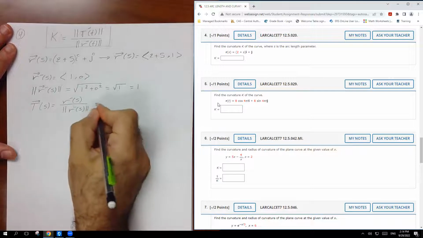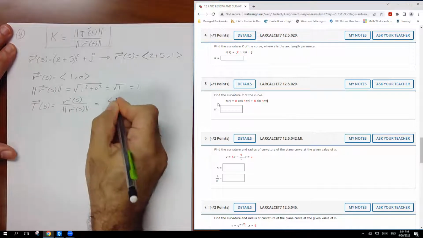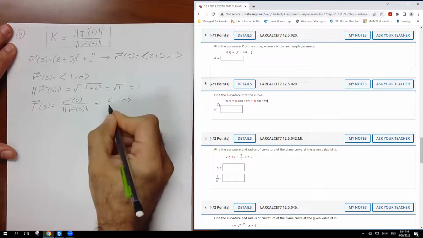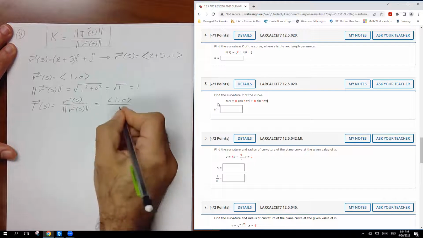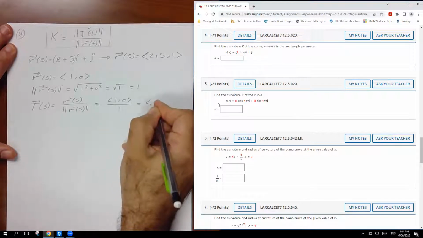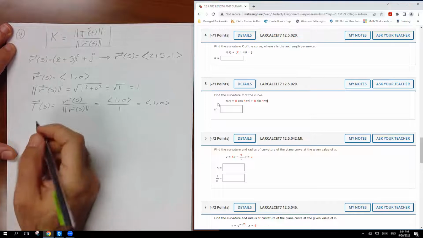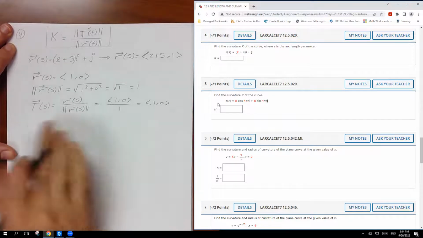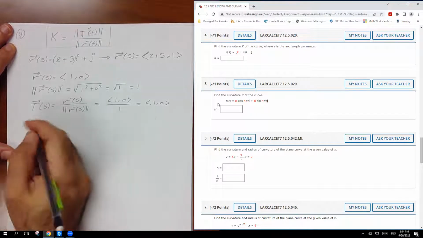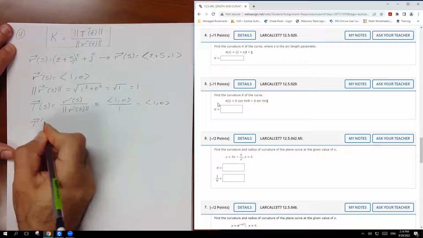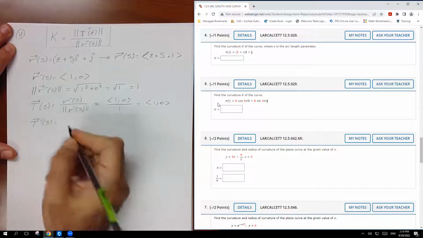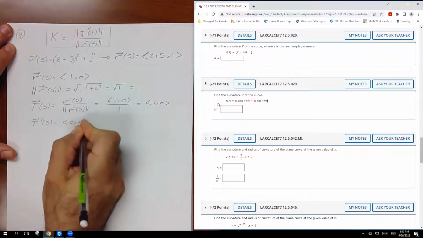So it's r prime, which is 1, 0, divided by 1. So it's going to be 1, 0. Then this is the T for s. T prime for s is going to be 0, 0.